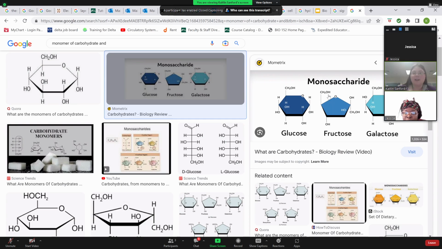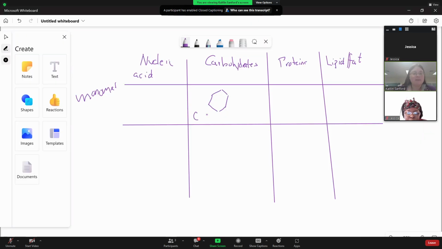They've got a lot of H with a little bit of O. They're all in rings, okay? So rings with a ratio of about 1 to 2 to 1, carbon to hydrogen to oxygen. When you see these rings, you know it's going to be a carbohydrate. Let's go back.